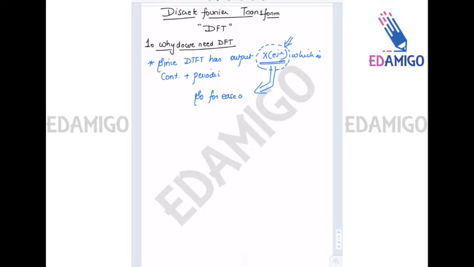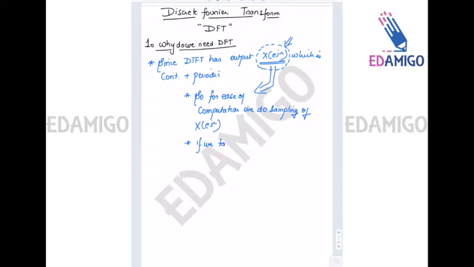For ease of computation, we do the sampling of X(e^jσ).